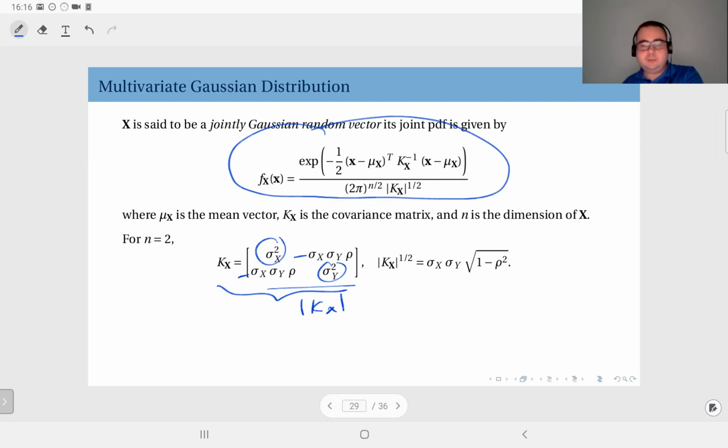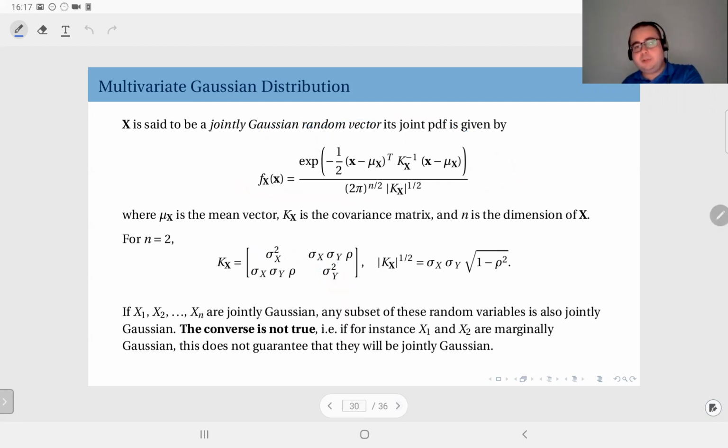This is the beauty of Gaussian distribution. In the single random variable case, if you know the mean and the variance, you have everything. You can just write the PDF, compute anything you like. And in the multivariate case, if you have the pairwise covariances, which will give you the covariance matrix, and if you have the mean vector, again, you know everything. You can derive anything you want.